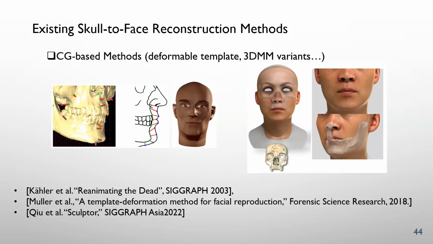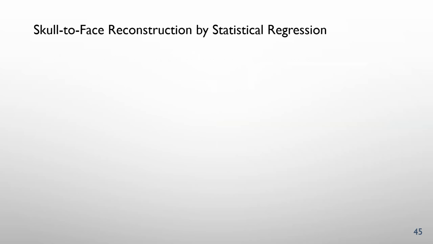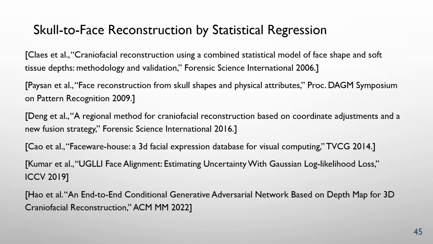So this often leads to less accurate geometric alignments with the skull, or we may have unrealistic artifacts in some reconstructed regions on the face. On the other hand, in another category, there are quite a few face reconstruction methods that are built directly through statistical regression. So here are a few works.